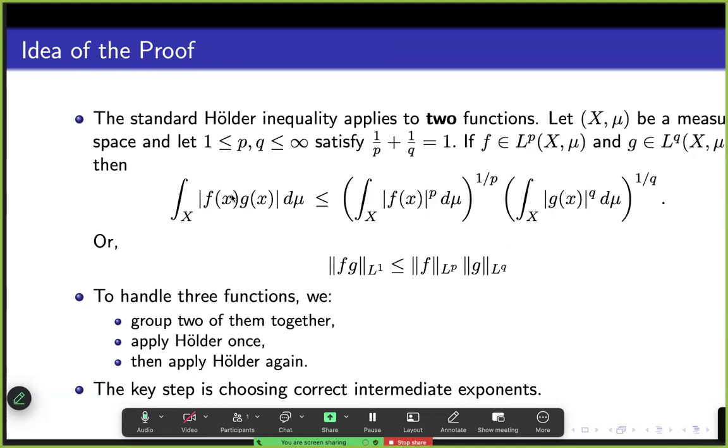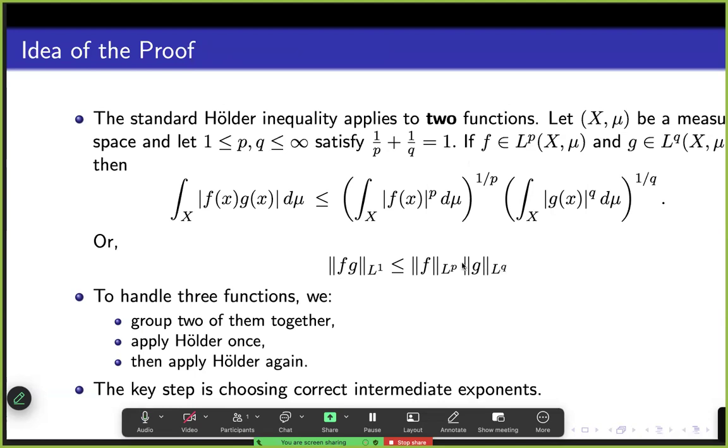This is the integral of the product of f(x) and g(x), with the absolute value sign taking non-negative values. The integral is taken over the whole measure space X, and it is less than or equal to the integral to the power 1/p multiplied by another integral to the power 1/q. Or in terms of norms, the L^1 norm of fg is less than or equal to the L^p norm of f times the L^q norm of g.